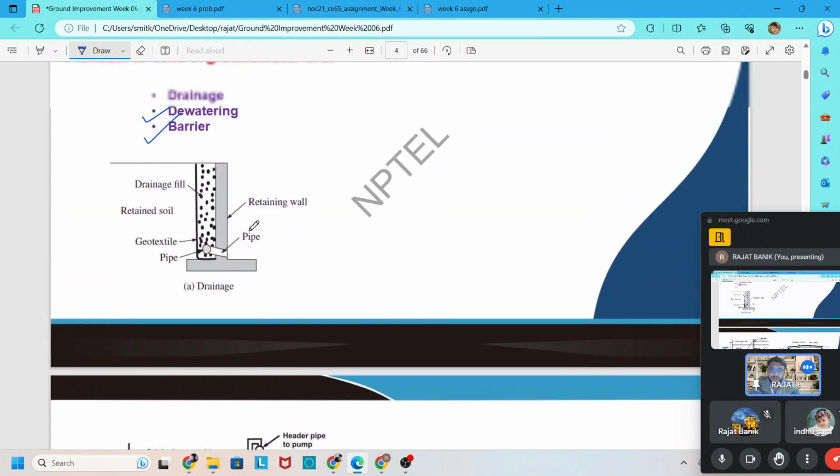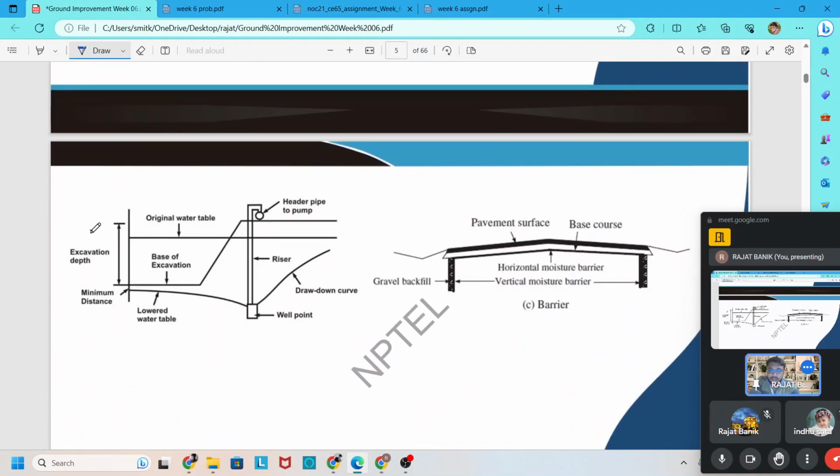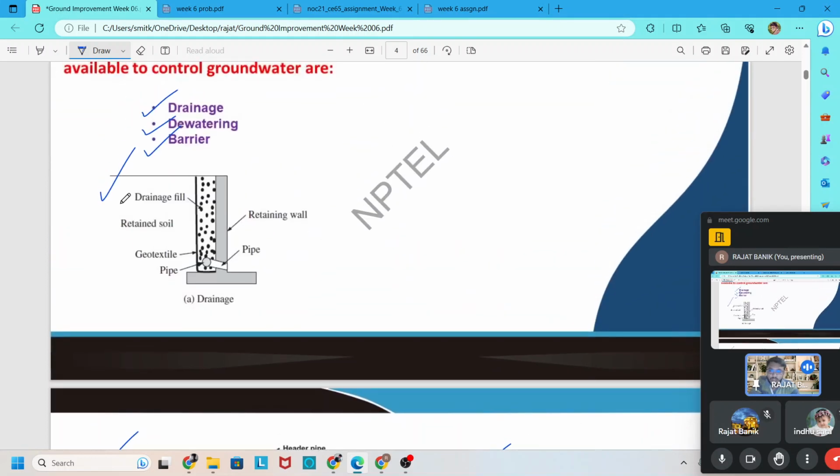In the next slide, we see that the first is for drainage, the second is for dewatering, and the third is for barrier. For drainage, one retaining wall is given here, and after that one drainage material is incorporated here.